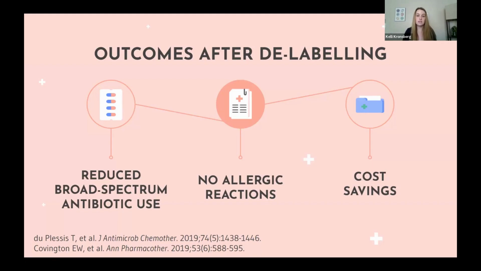None of the patients in these studies who went on to receive a penicillin or a beta-lactam experienced an allergic reaction, which aligns with some of the thoughts of the low-risk penicillin allergy and even giving a direct oral challenge. And they also saw cost savings, which makes sense when we think back to the potential negative outcomes that the lower costs would be associated with using the beta-lactams.